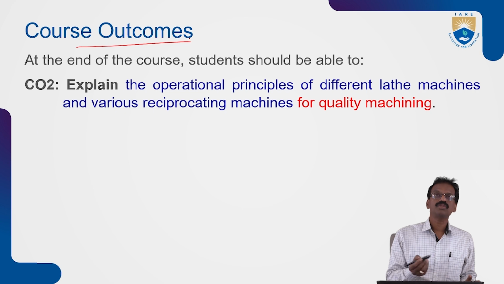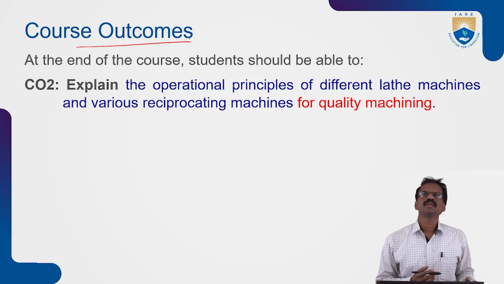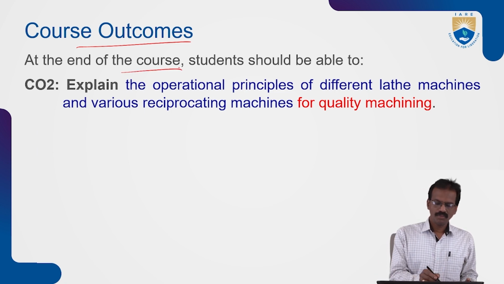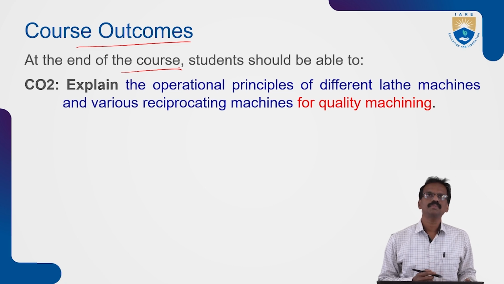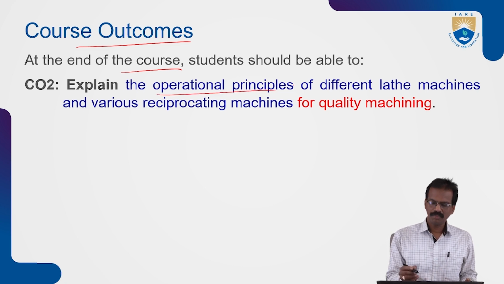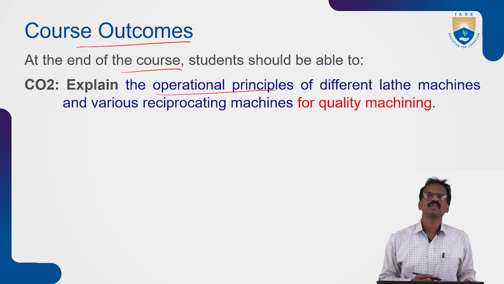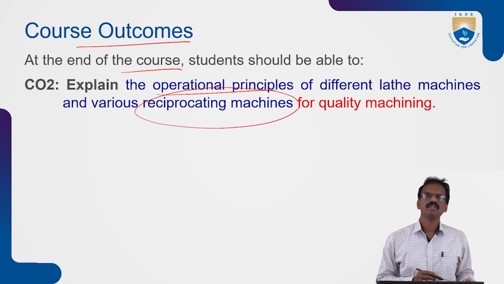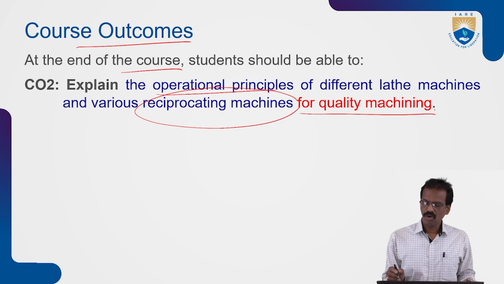This is the course outcome, which is related to Unit 2. That means lathe machines and the different machineries. At the end of the course, students should be able to explain the operational principles of different lathe machines and various reciprocating machines, shaping and different reciprocating machines, for quality machining.